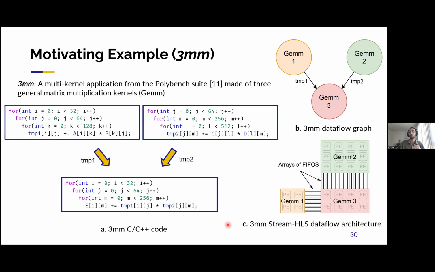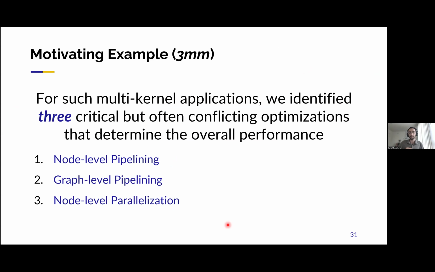But in this case, we will actually implement each of the operations on chip, and there's no external control. You just invoke the kernel, it will read the data and process everything and send it out. I will mention later some limitations of this approach. So the 3 points that determine the overall performance are node level pipelining.